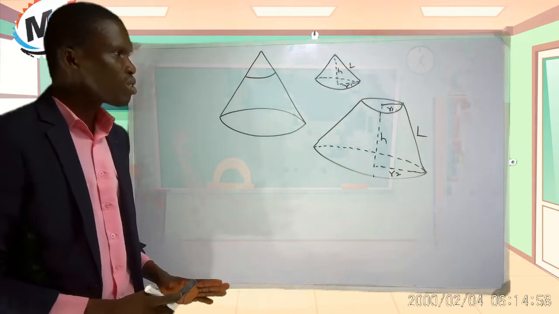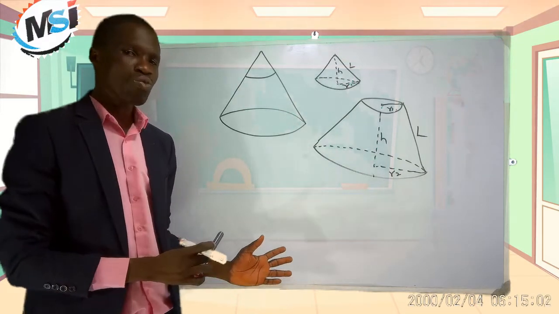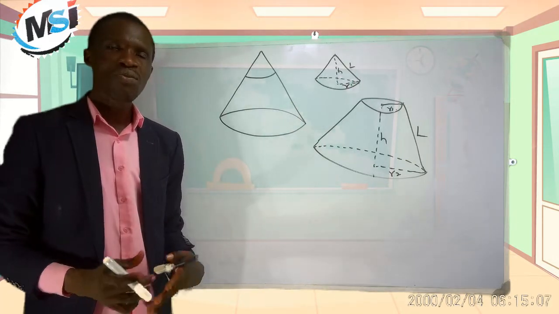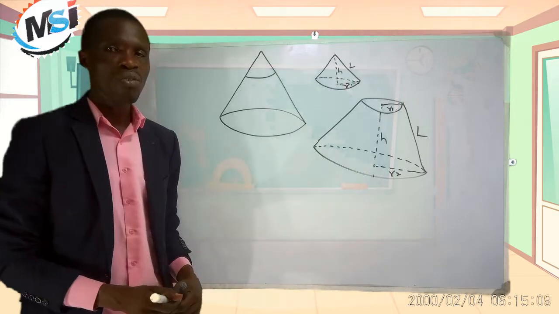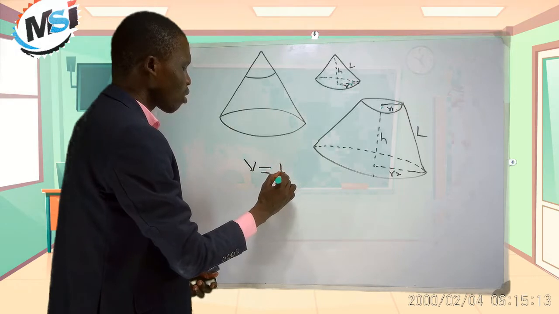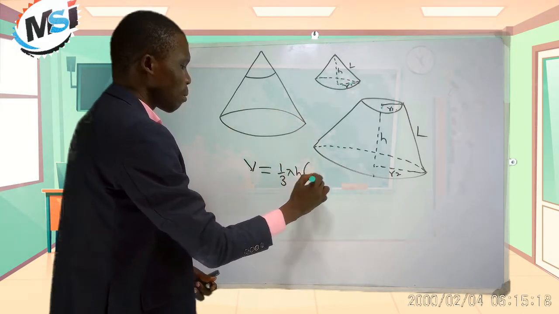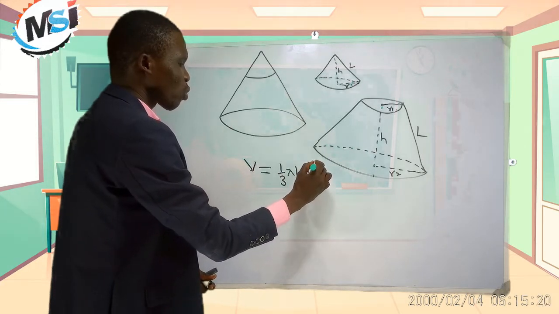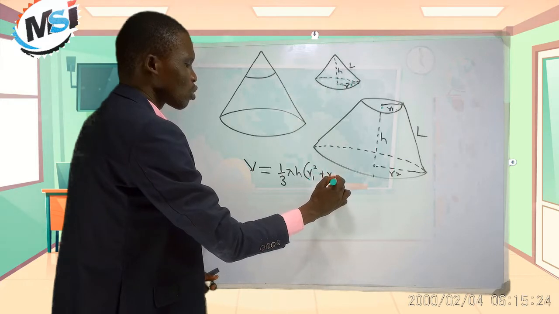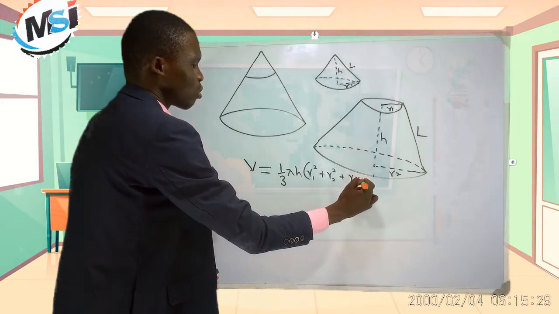Now the next thing we need to know is we need to find the volume of frustrum. So what will be the formula to find the volume of frustrum? The volume of frustrum will give us 1/3 pi H bracket R1 square plus R2 square plus R1 R2.